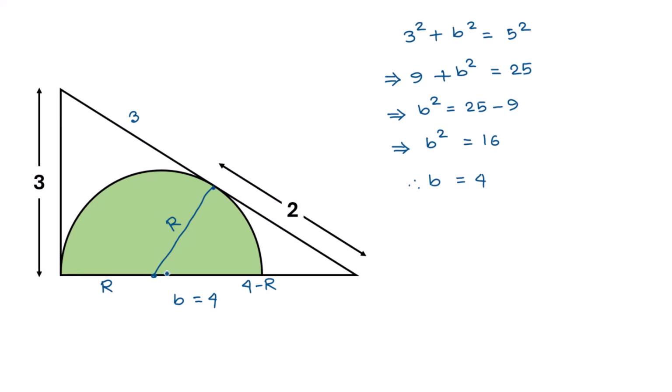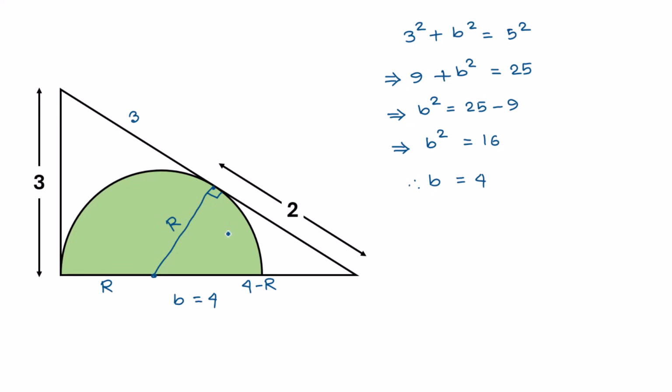This 4 minus r is from the center of this circle to here, and this angle is 90 degrees. So applying Pythagoras theorem to this triangle here, the height is r, base is 2 and hypotenuse is 4 minus r.